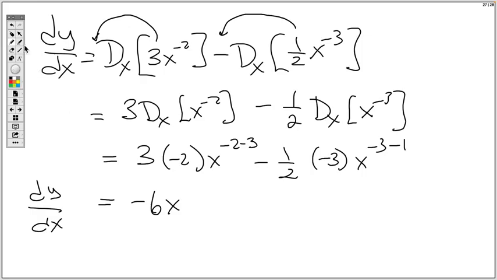X to the, I got ahead of myself here, didn't I? It's minus 2 minus 1. This would be x to the minus 3. Now I got a minus 1/2 times the negative 3. That's going to give me a what? Plus 3/2 x to the negative 4th. Make sense or not, folks? Okay.